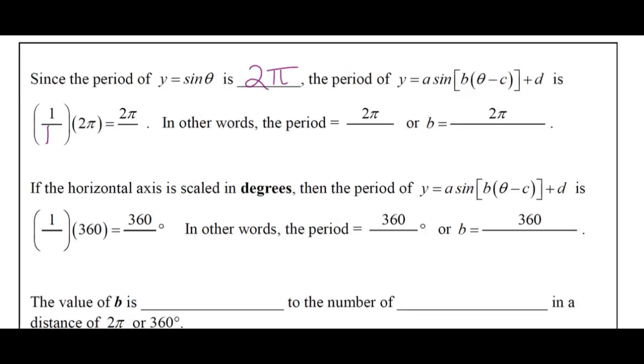Oh, okay, so an additional line. The period relates to the horizontal stretch factor.